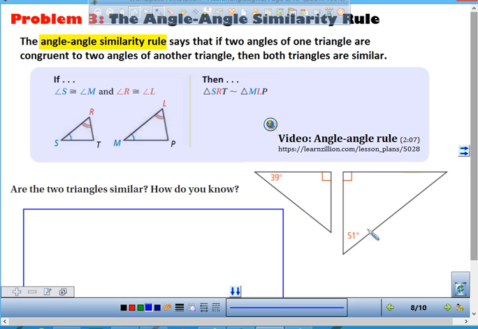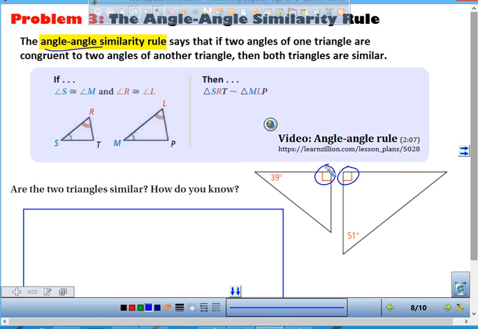In order for them to be similar, we find angle-angle similarity. That means two angles have to be the same. Do you have one angle that is the same? The 90-degree angle in both of them. So there you have one pair of angles that is similar. Now you have to find another pair. You need two pairs. Are 39 and 51 the same?